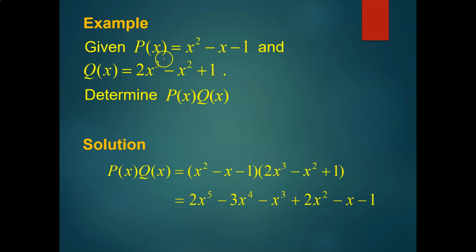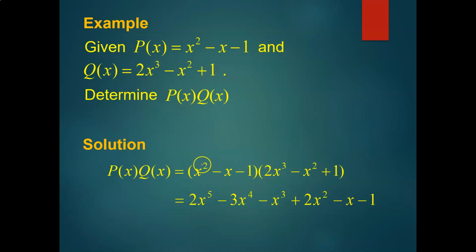Maksudnya macam ni. You have two polynomials, px and qx. So you have to determine hasil darab, the multiplication of px times qx. So first of all, you need to write it down nicely. Px times qx like this. Okay, tulis macam ni dulu. Then only you can see which one you want to multiply with which term.